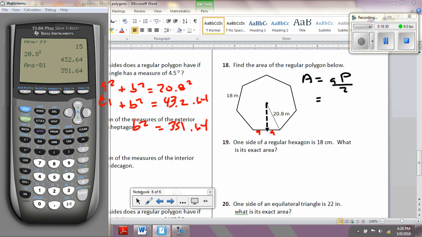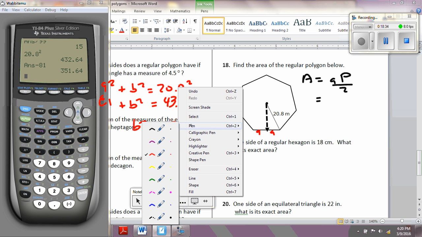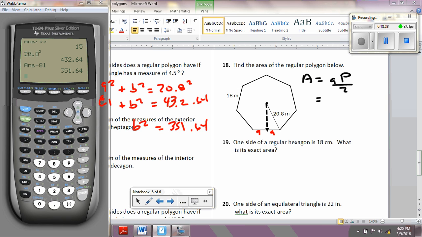And then we have to take the square root of both sides, which is the part a lot of you tend to miss and forget about. You have to take the square root of that answer.